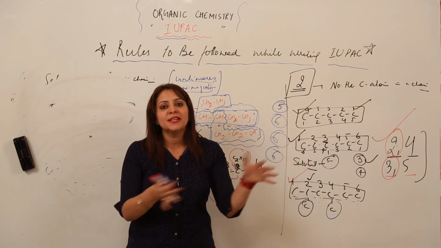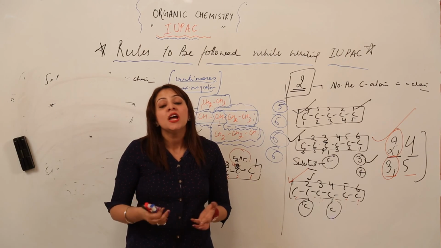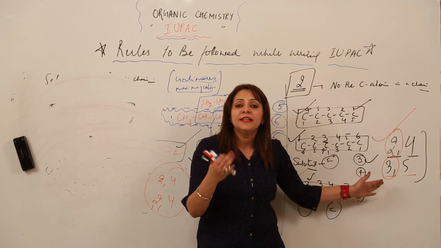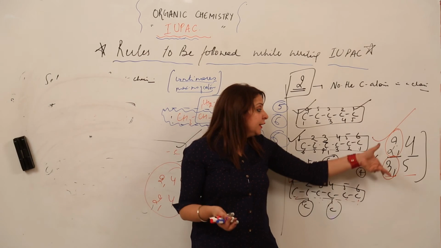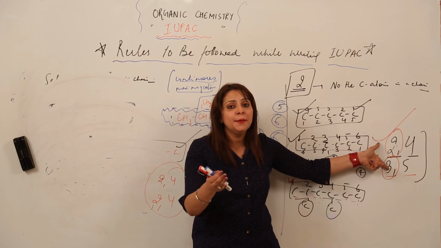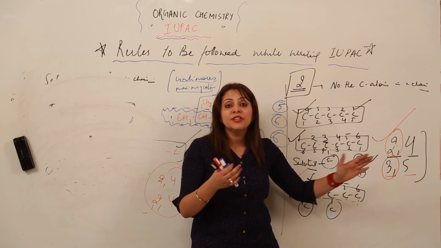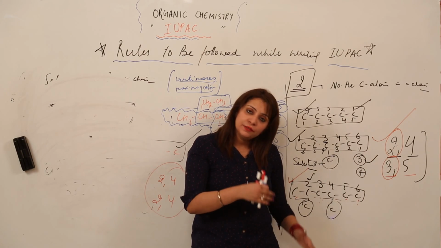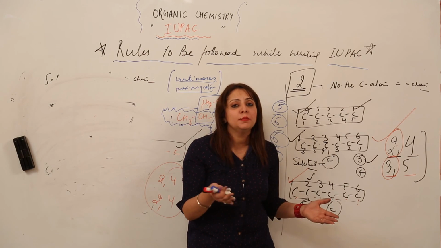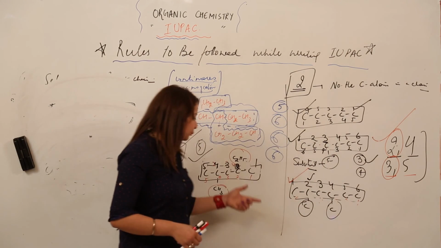We number from this side and from that side, and compare the first positions; whichever is smaller is followed. If the first position is the same, like 2, 2, then we look at the second position, and the one with the lowest number is followed, right?